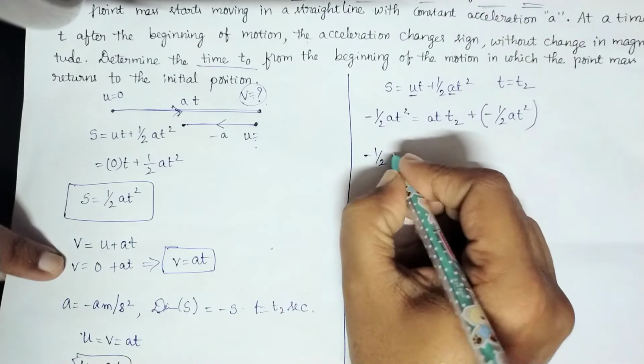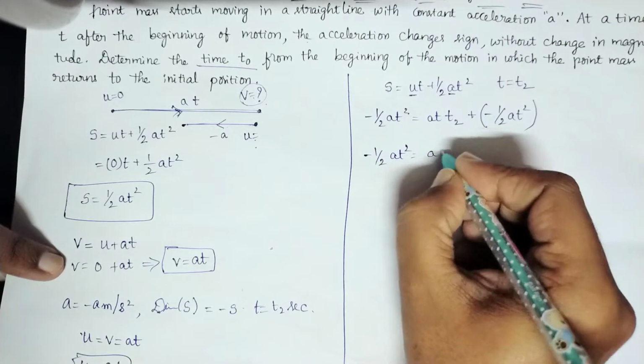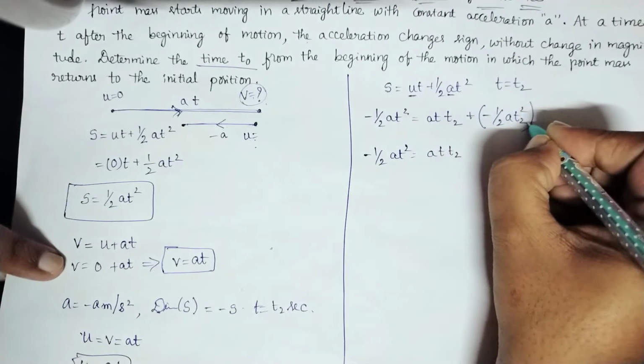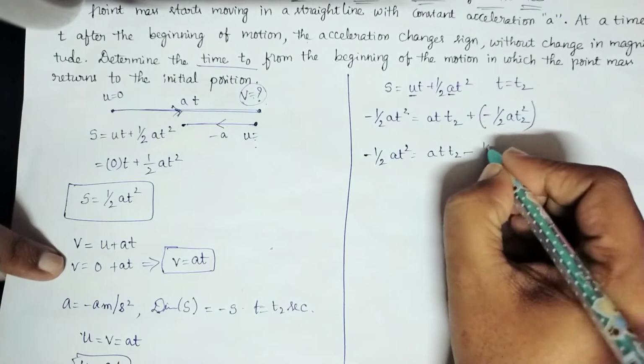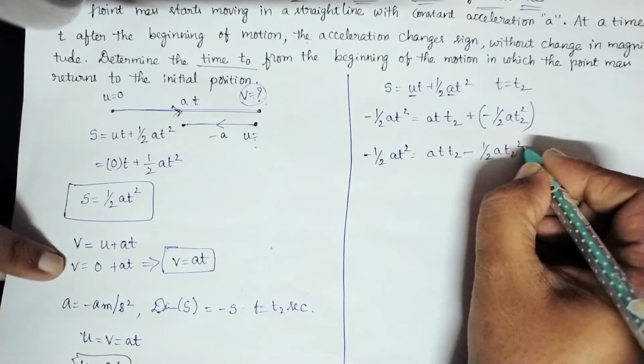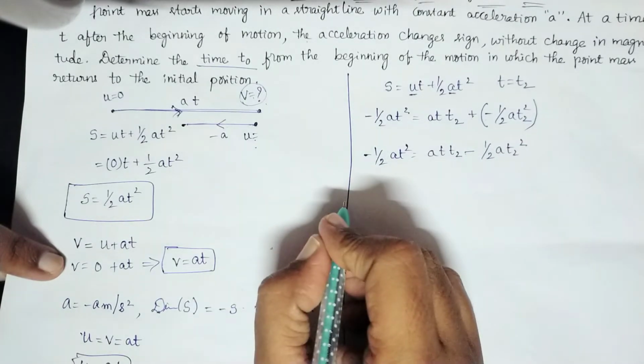So minus half a t square is equal to a t2 minus half a t2 square.